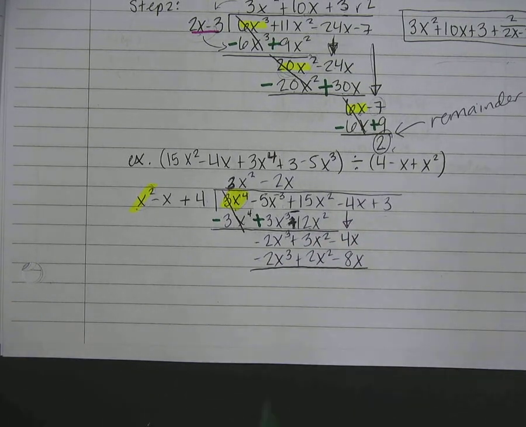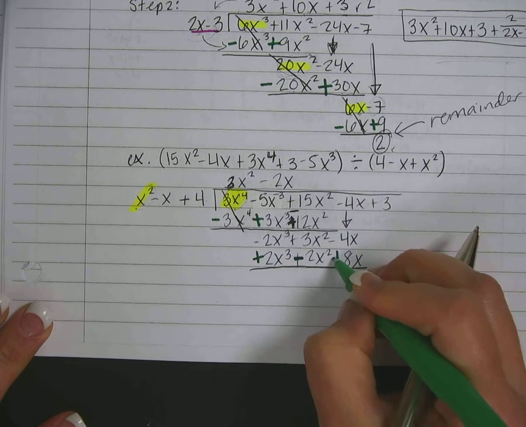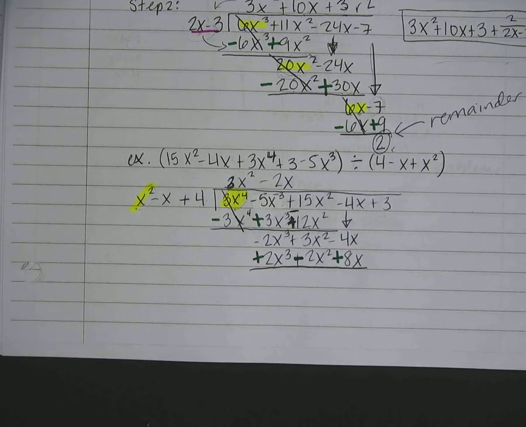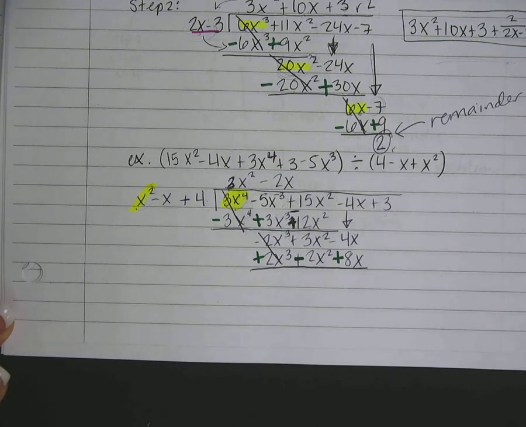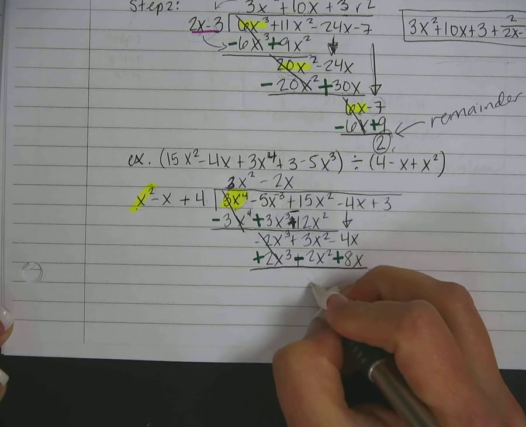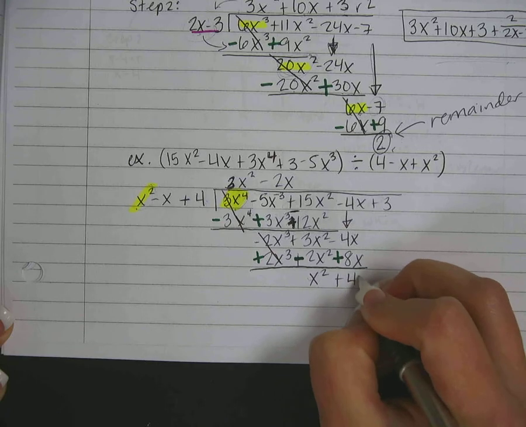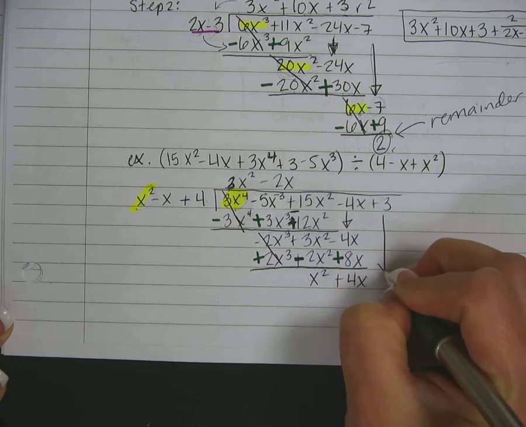Okay, now I'm going to change my signs. These two are going to cancel. This will give me an x squared. And this will give me plus 4x. Drag down my 3.